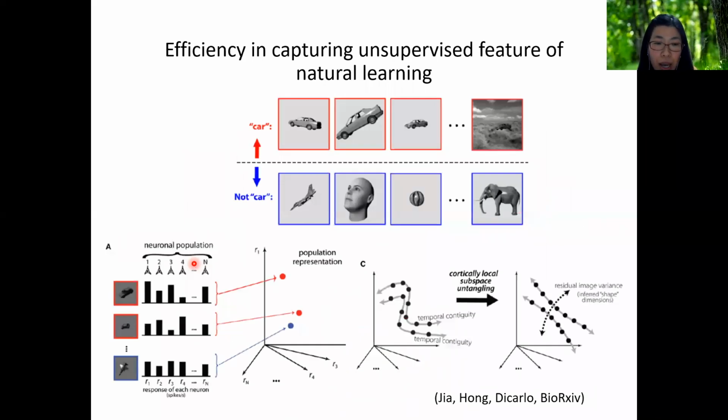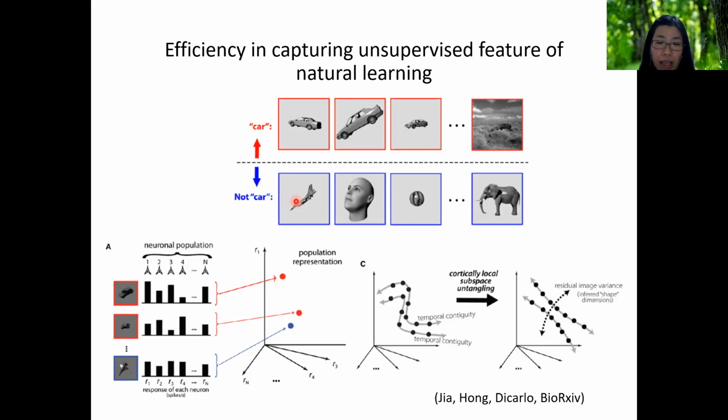Another example is the work by De Carlos' group, suggesting that the temporally asymmetric learning rule may underlie the formation of the invariant representation of the object against changes in size, position, or orientation. Such an invariant representation is very important for object recognition.